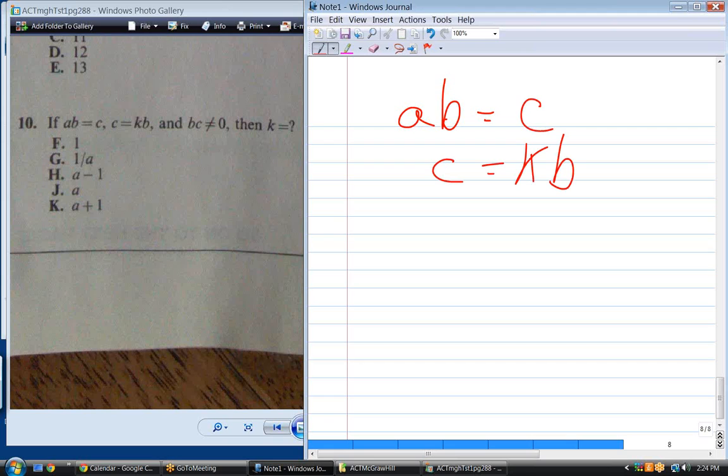What statement can I make based on those two equations? That KB equals AB. Okay, so AB equals KB. And now what can I do to solve for K? K is what they want to know.